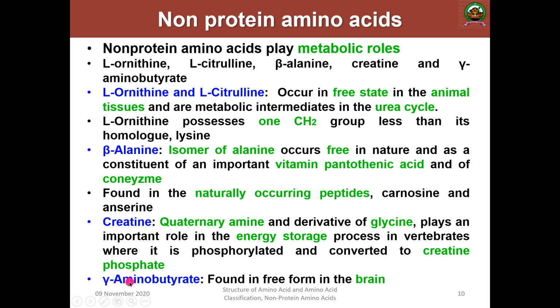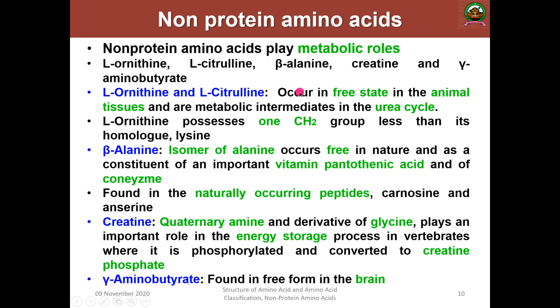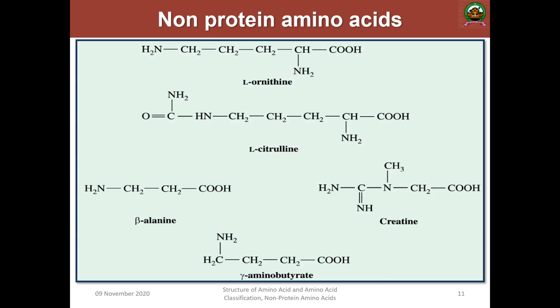Next one is gamma-aminobutyrate. That is commonly present in the brain in the free form. So these are non-protein amino acids. The previous ones are non-standard protein amino acids. So these are the general structures of amino acids, their classification, and non-protein amino acids, dear students.